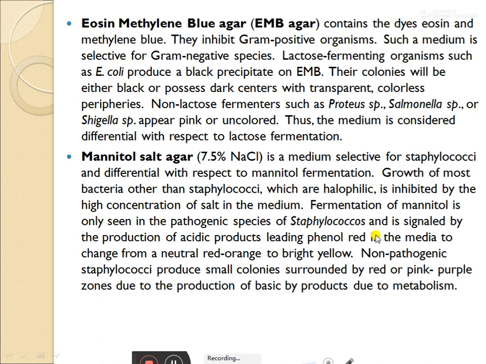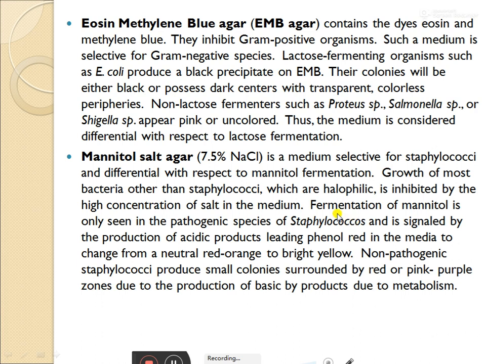The fermentation of mannitol can be seen only in pathogenic species of Staphylococci, which can be detected by production of acid leading phenol red in the media to change from red to orange or bright yellow color. Means the color of the media or the phenol red changes from red to yellow.